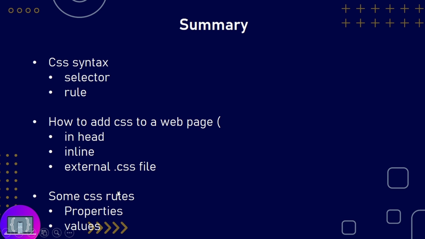And we also looked at some CSS rules. A rule which is just a property value pair. We saw the text align, which we used in the heading. The value was center. We saw the property text decoration, and the value which we gave was underlined.